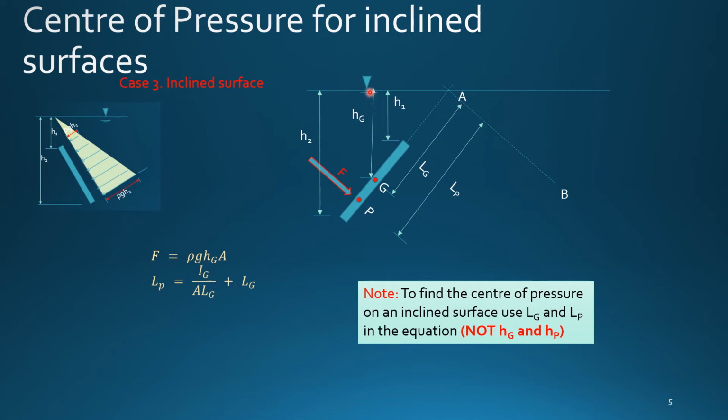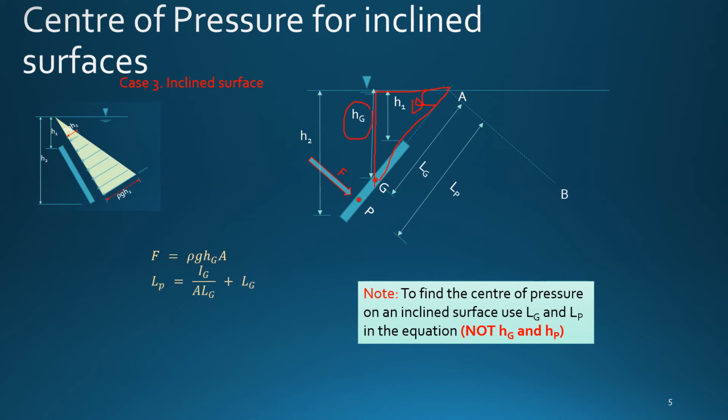So once you know this Hg, and if you know the angle theta here, then you can calculate the LG. You have this triangle, and from the triangle you can calculate LG if you know this Hg.